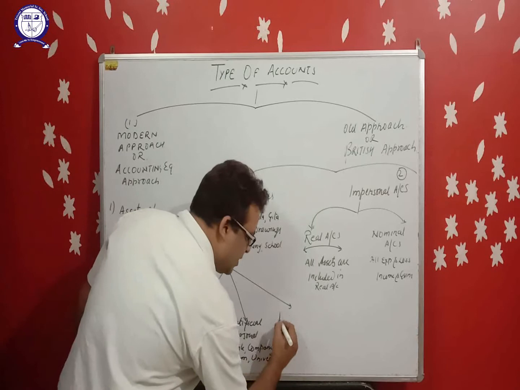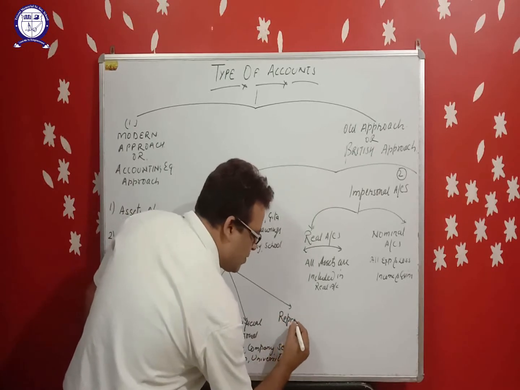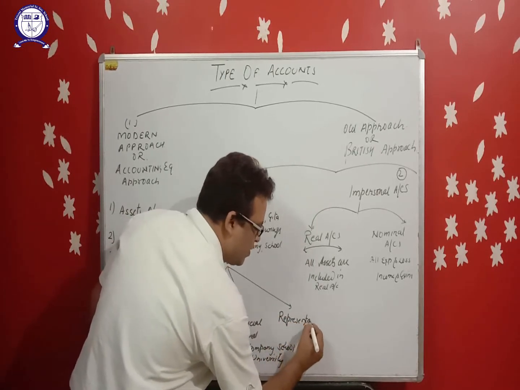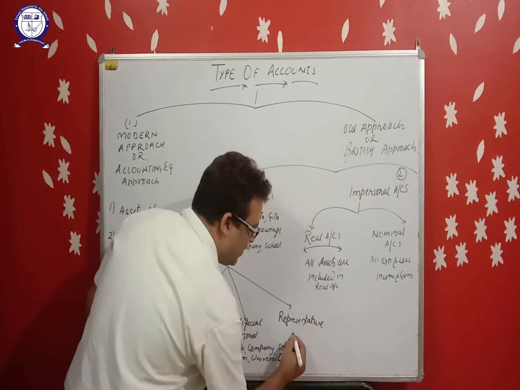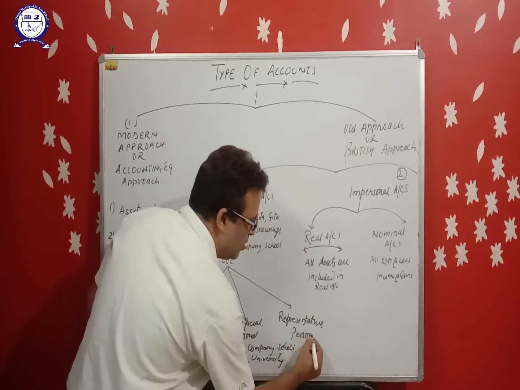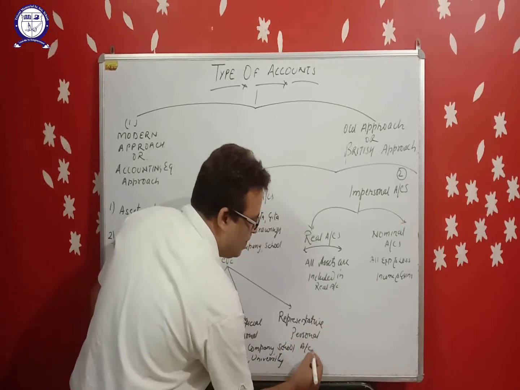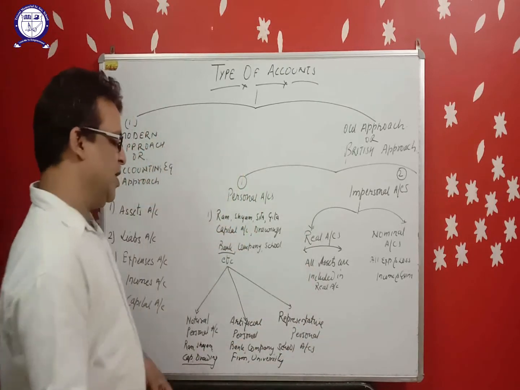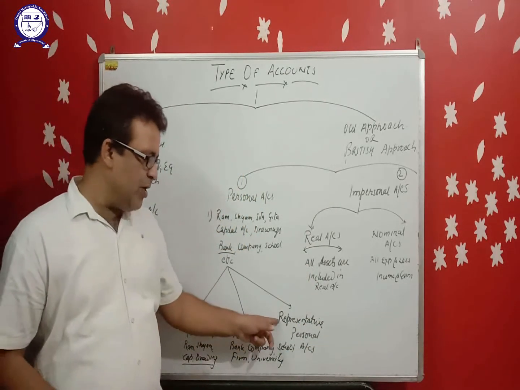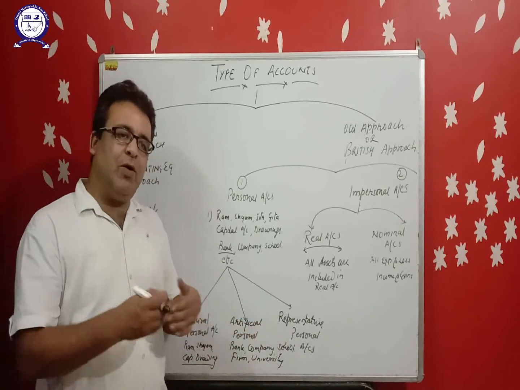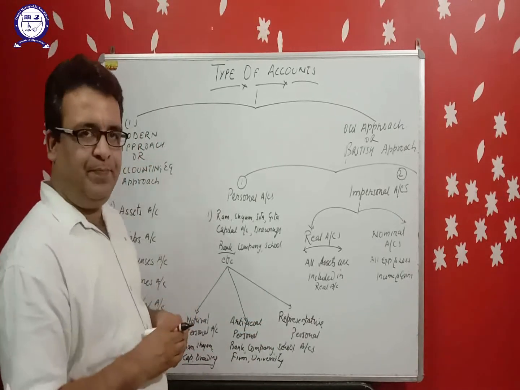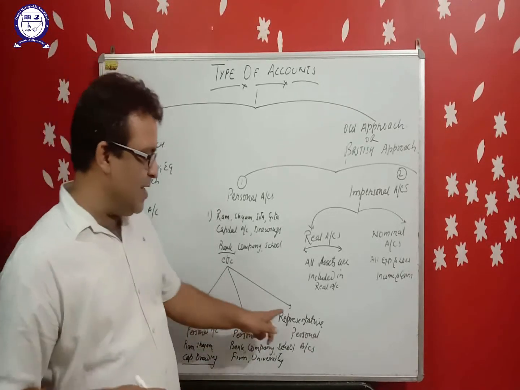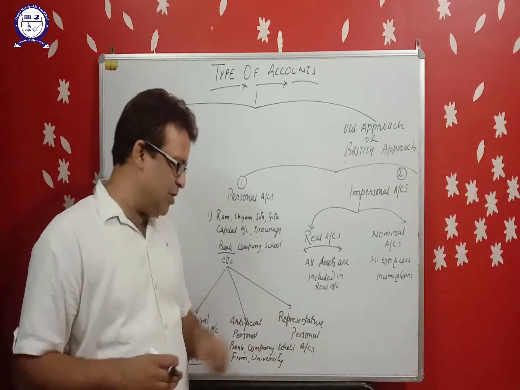Next one is representative personal account. Suppose an account represents one or more than one person. That is known as representative personal account.